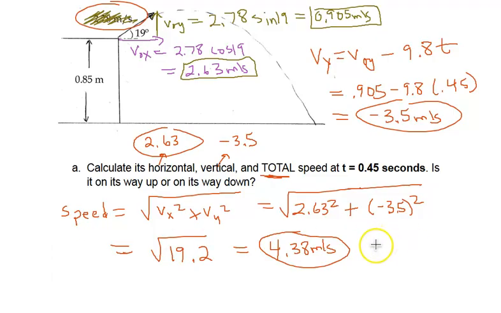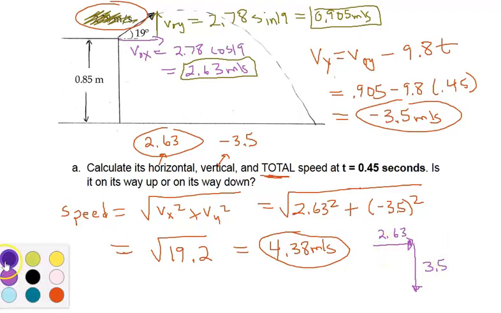What that looks like visually is it's going over 2.63 and it's going down. So it's now going faster vertically because gravity sped it up, and gravity didn't do anything to the Vx.